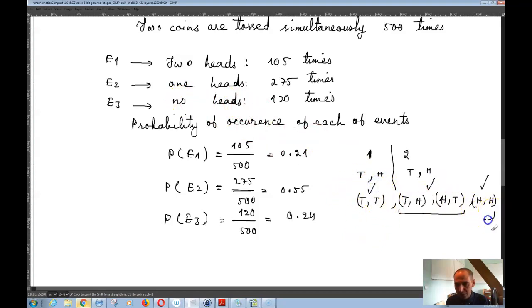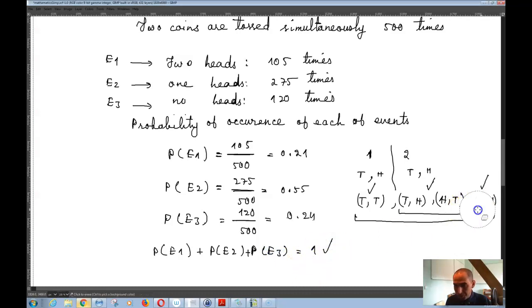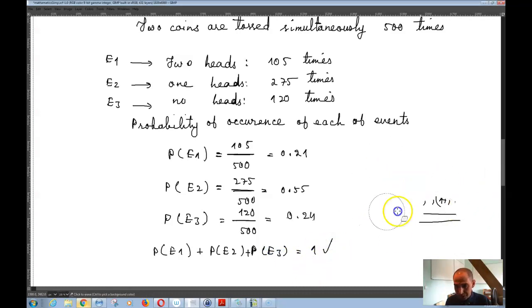So now we have covered all of the possible events of this experiment. And for the same reason, P of E1 plus P of E2 plus P of E3 is equal to 1.